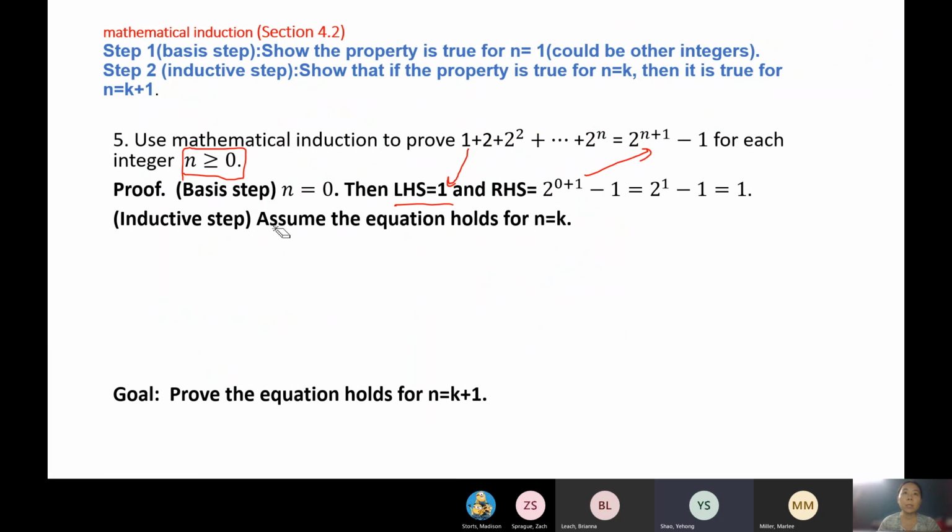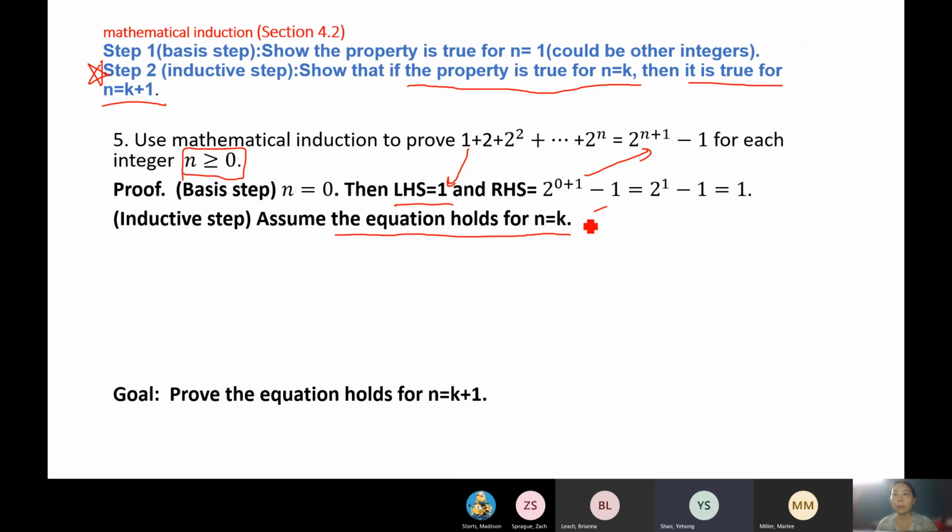Now, next we're going to do the inductive step, because step 2 is usually the main part that we have to work on. We always need to prove that if the property is true for n equal to k, then it is also true for n equal to k plus 1. So that's why you always start with this.